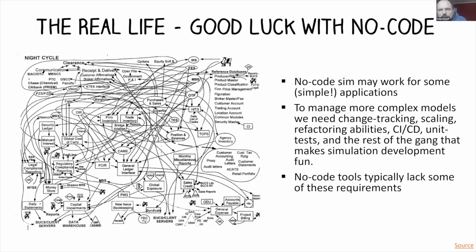We need to make sure that we can really scale the model to basically many processes running in parallel. We want to refactor our model. We want, in the end, even to run tests, unit tests, and CI/CD on our model. And from what I've understood, most or basically all of these no-code tools lack some of these requirements.